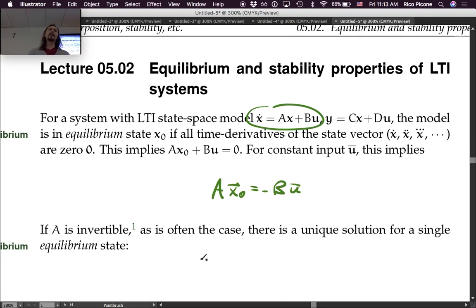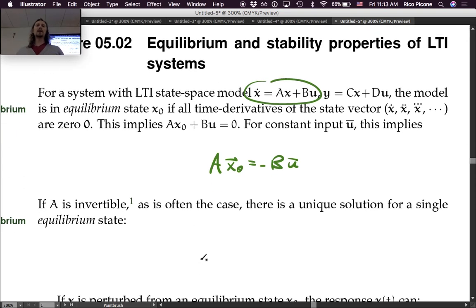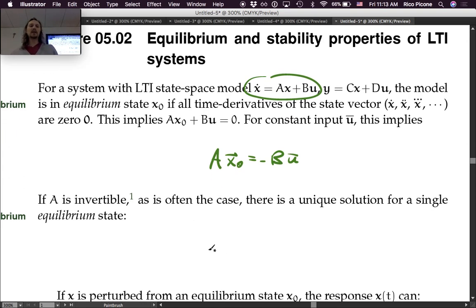If A is invertible, as is often the case, there is a unique solution for a single equilibrium state. So x naught is equal to negative A inverse B u bar. So A being invertible is the condition for having this solution, right? And if it is invertible, then there's only one equilibrium state.